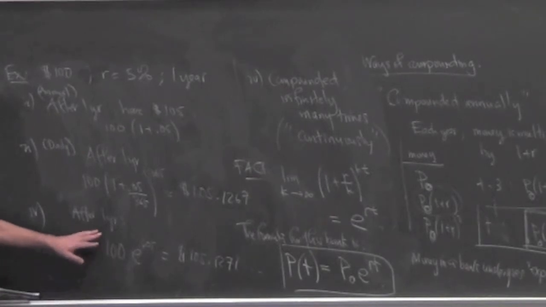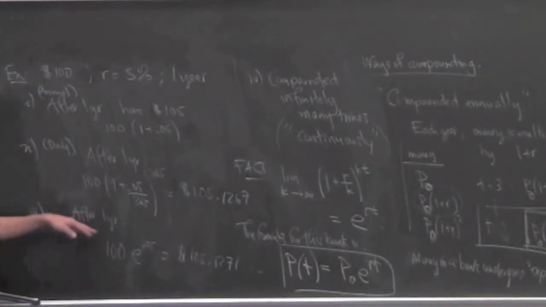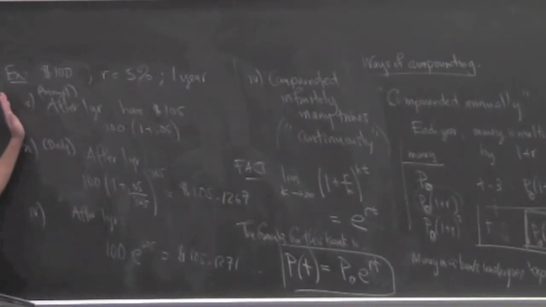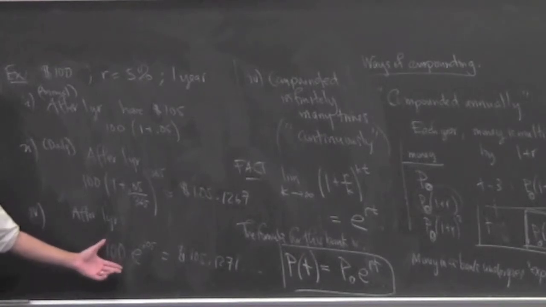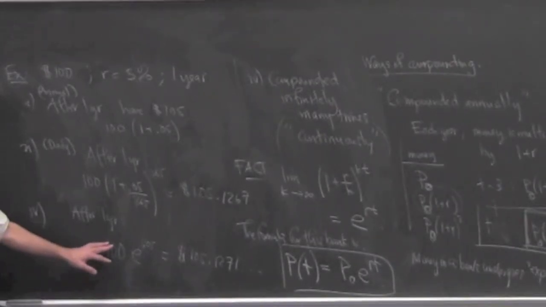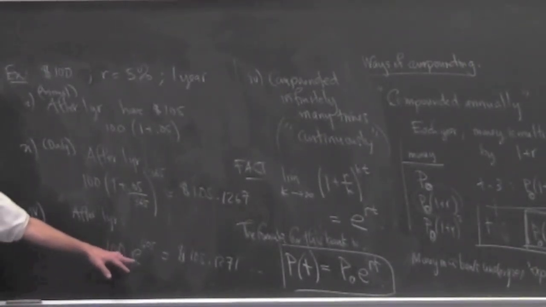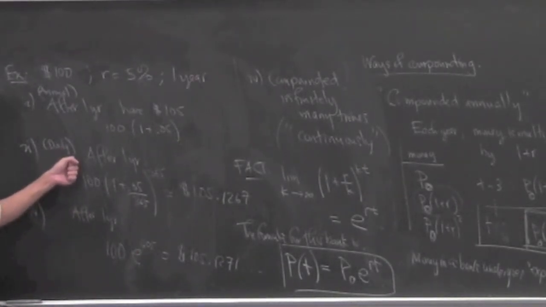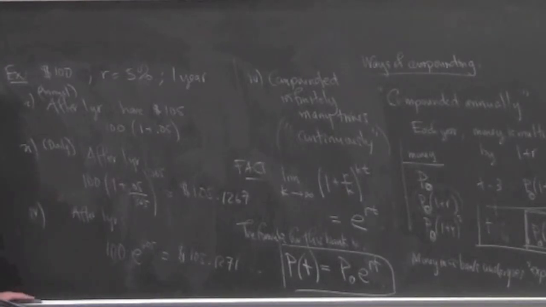So you see that compounding continuously is not all that much better than compounding daily. Practically speaking, it's not all that different, but this is what people use. In terms of a formula, using the exponential function is easier than every day having to crack some machine.